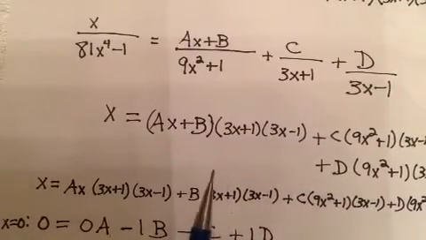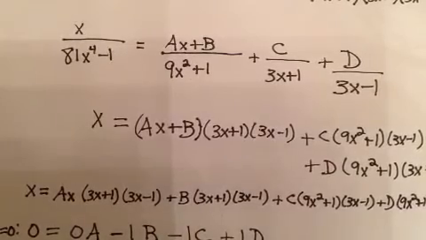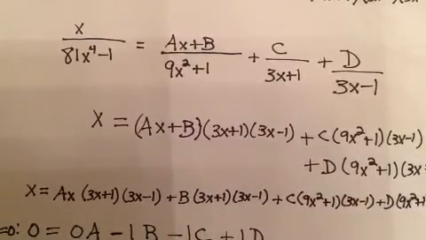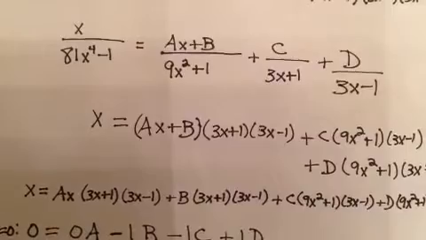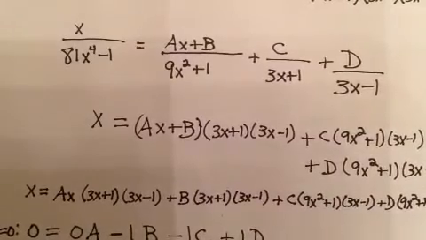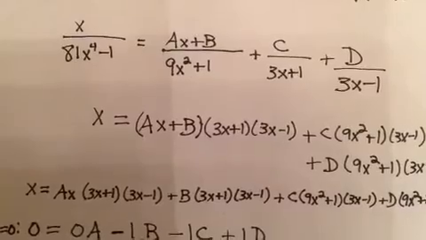Now we have four unknowns, a, b, c, and d, and we have only three real zeros that we can utilize. So for the determination of the fourth unknown, we can choose an arbitrary value for x.